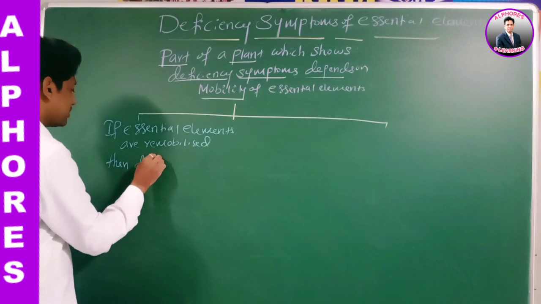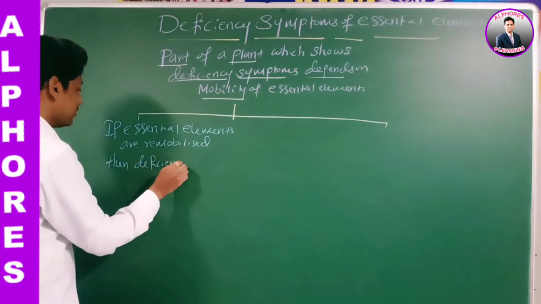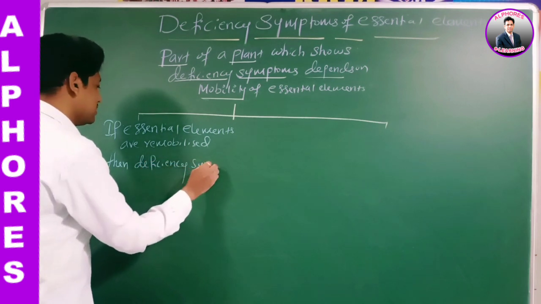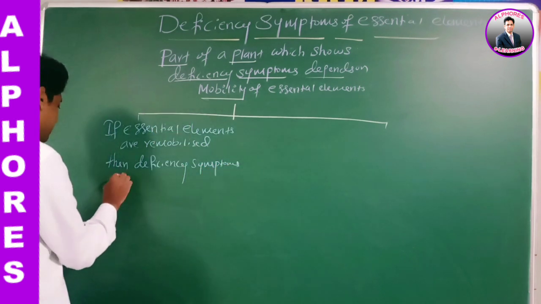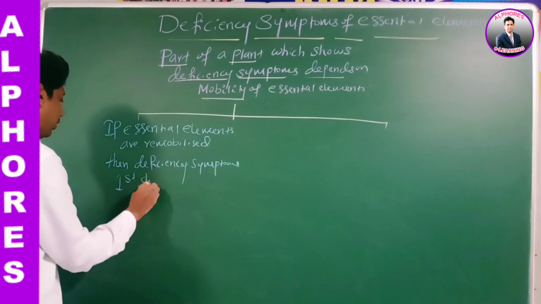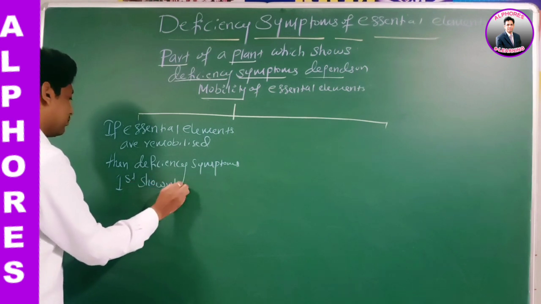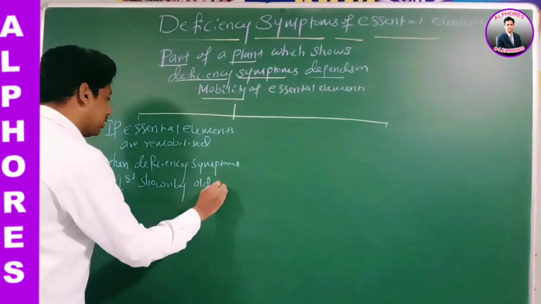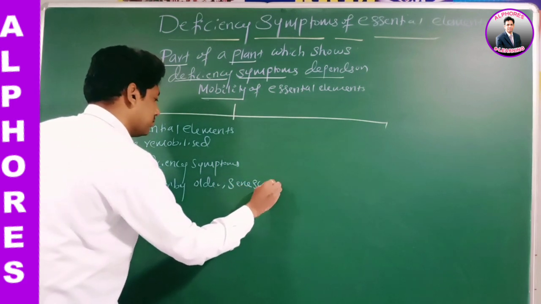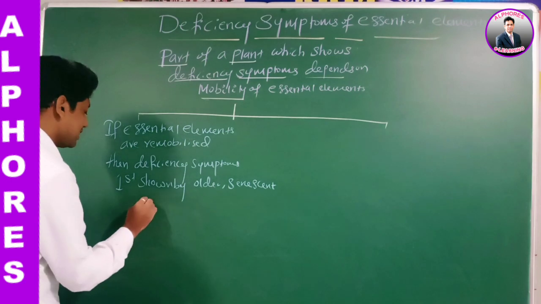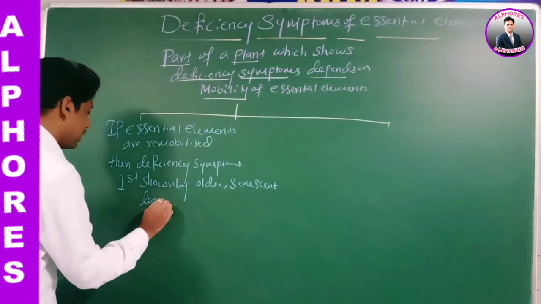Then deficiency symptoms are first shown by older, senescent leaves or parts.